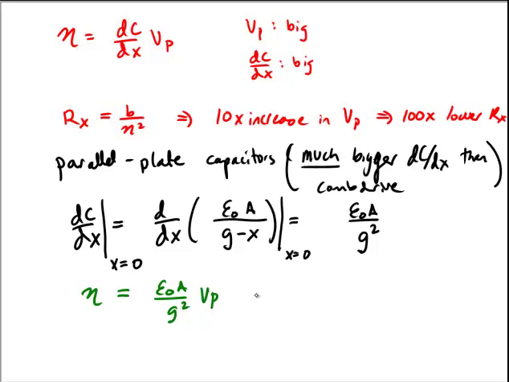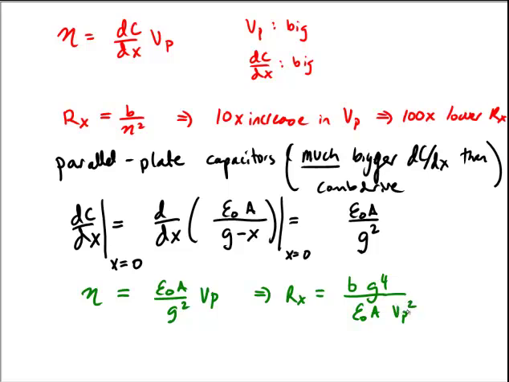And we could write then that Rx is equal to B times what's got eta squared in the denominator, so we get g to the fourth over epsilon naught A times Vp squared on the bottom.